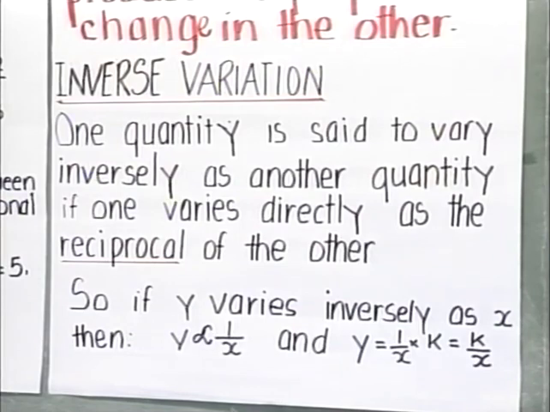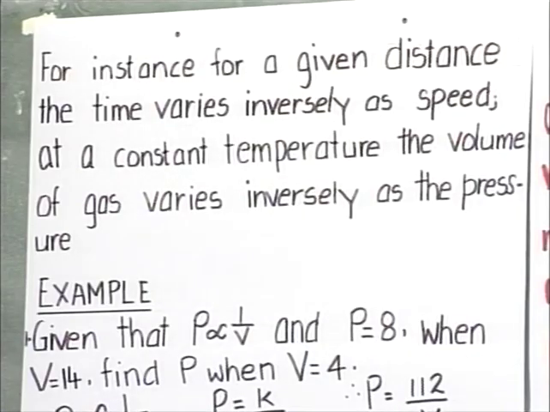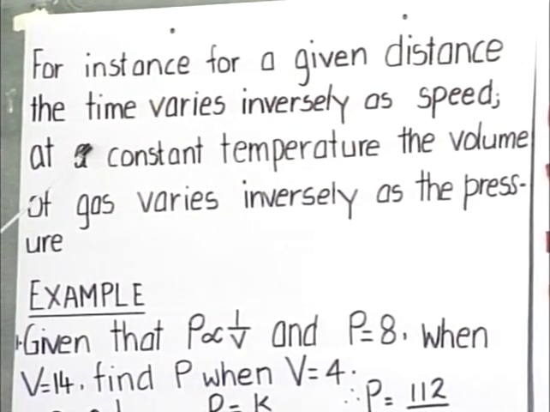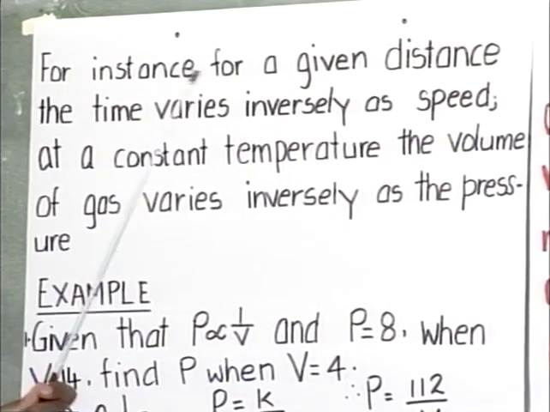I've got two examples here where the quantities vary inversely, and I mentioned one of them when I was talking about inverse proportion. The first one: for a given distance, time varies inversely as speed. You all know that.